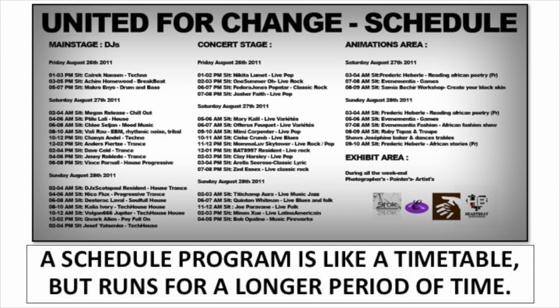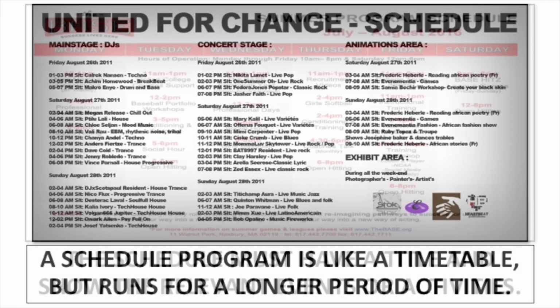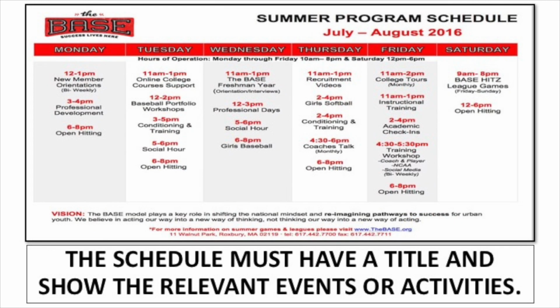So that one's for 3 days. The schedule must have a title and show the relevant events or activities. Yes. So in that way, it's like a timetable too. Must have a title, like here, the summer program, and then show the events and activities.